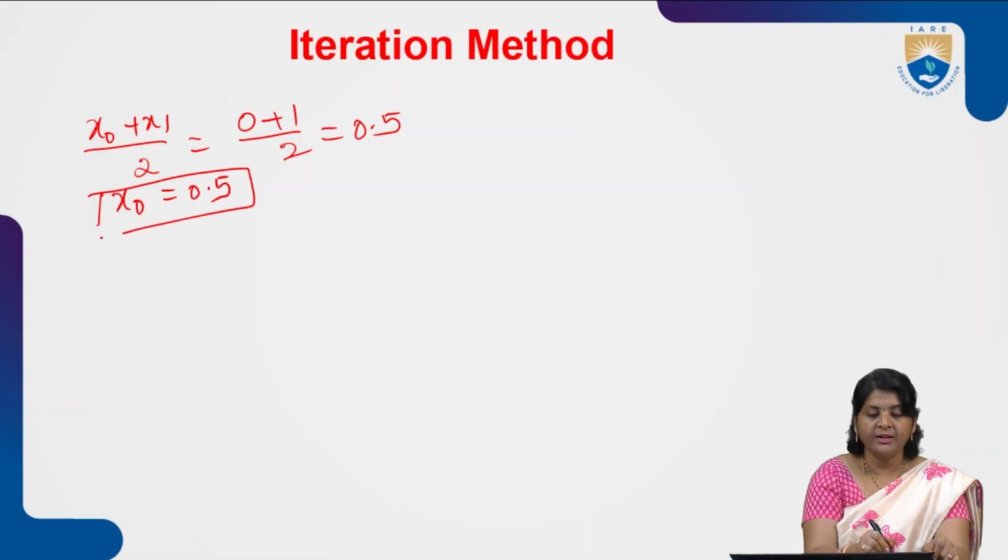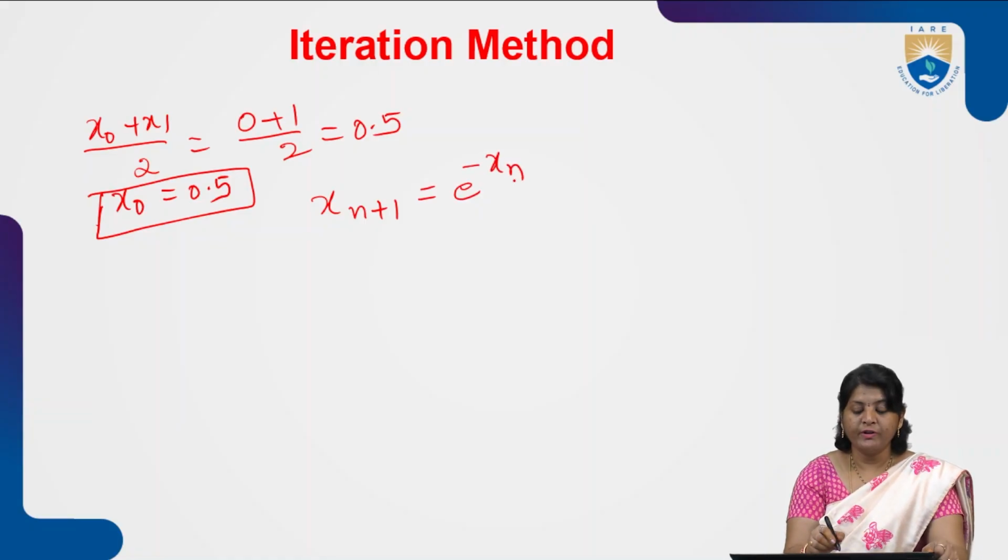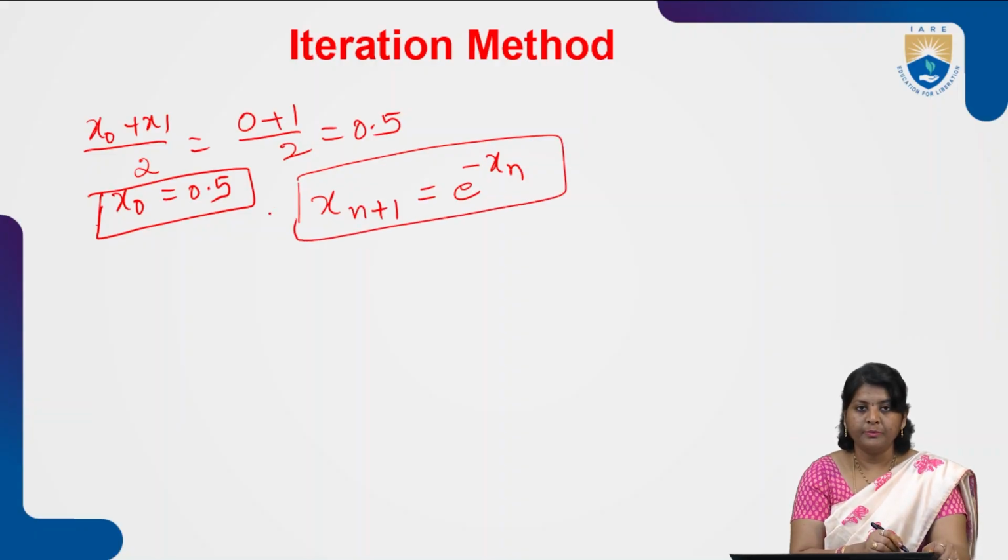This is the initial guess. Now, as given in the problem, the function is x(n plus 1) is equal to e power minus xn. So now we will find the root value.